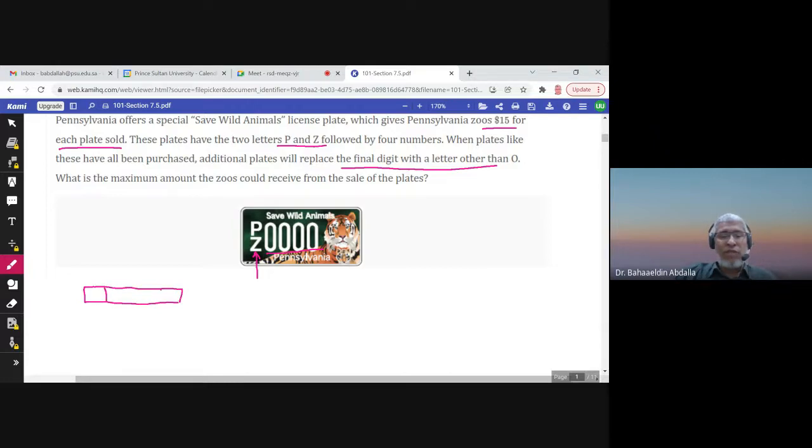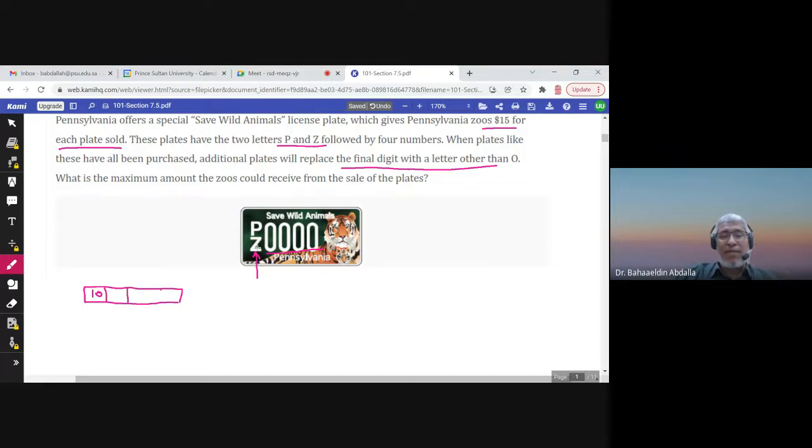For the first digit, how many choices are possible? I can put from 0 to 9. So I have 10 different possibilities to choose from.